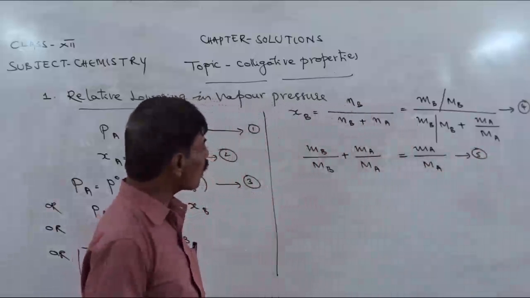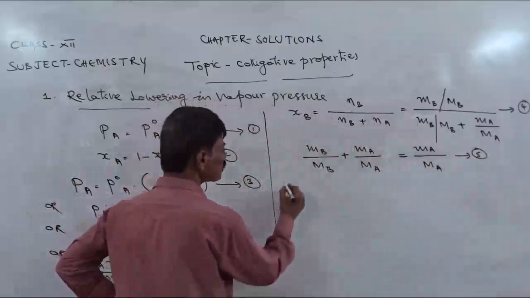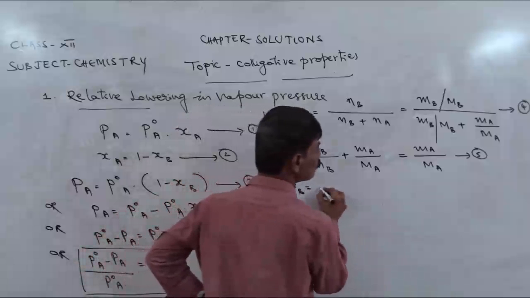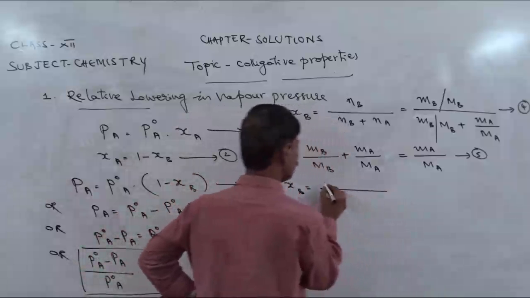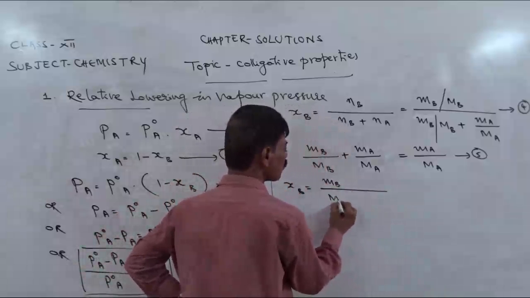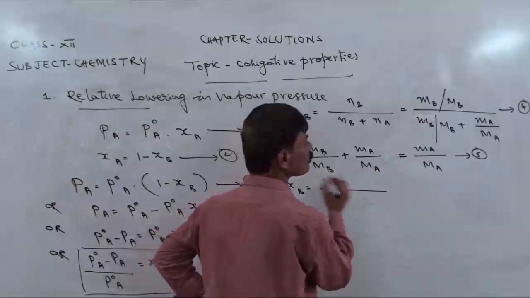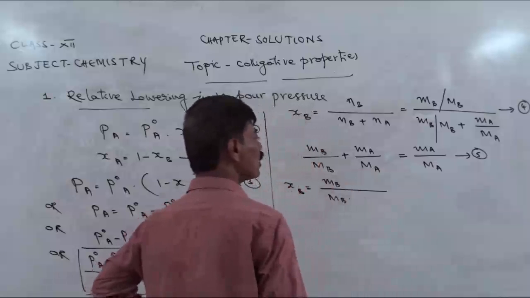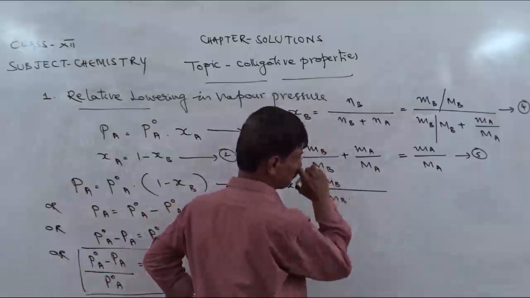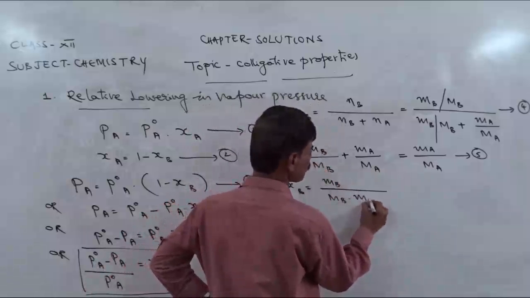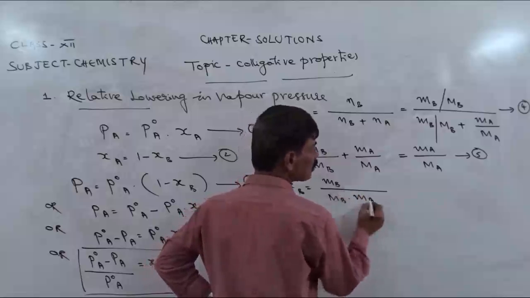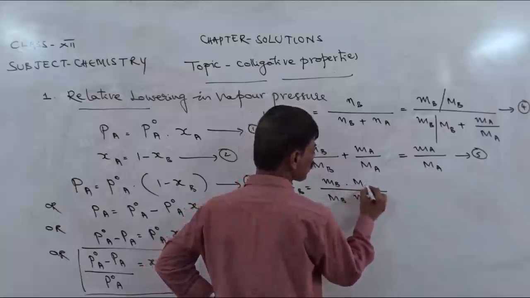When equation number 5 is substituted in 4, chi B is equal to small mB divided by capital MB, divided by small mA divided by capital MA.